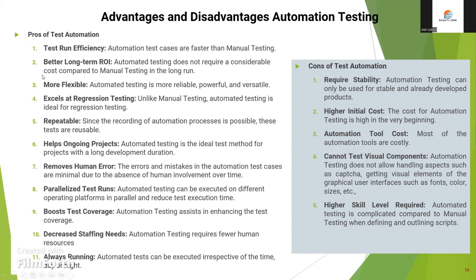One resource can run all the scripts. It is more flexible, more reliable, powerful, and excels at regression testing, right? Automated testing can also take data from an Excel sheet and feed it to the script to run it.